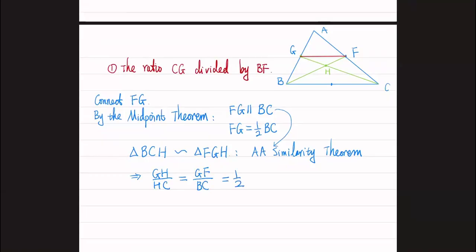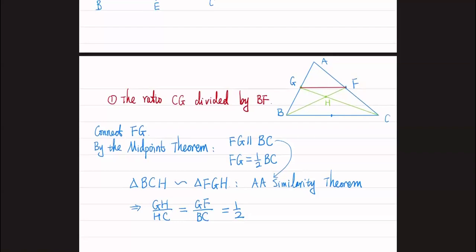Okay, so that's the first part. The ratio divided by BF is 1/2. Next, we will check that the ratio divided by AE is also 1/2.